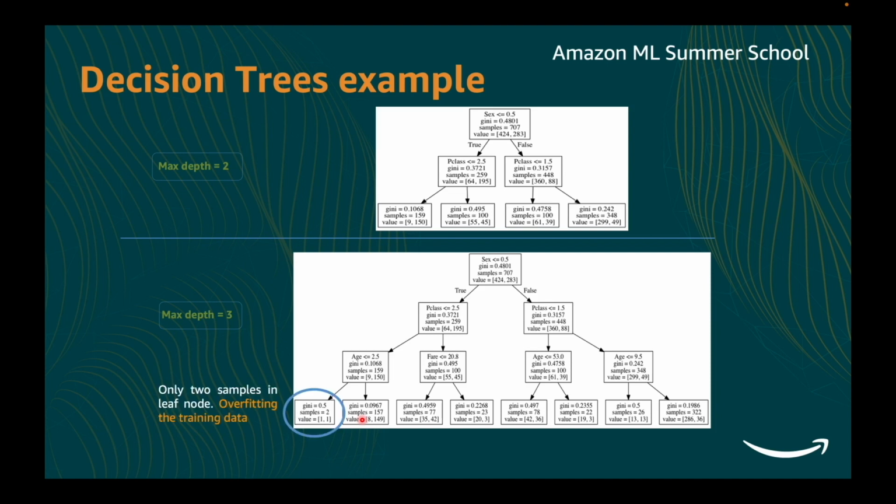Basically, the deeper the tree is, the higher the chance that you have overfitting, and that is because as the regions become smaller and smaller, you have fewer and fewer data points in them, and so it becomes very noisy. It becomes very high variance. For example, in this node you have only 2 samples which are being used to determine whether it is a positive or negative class.